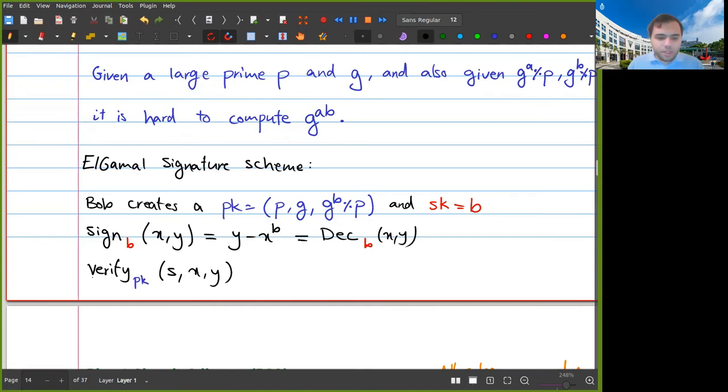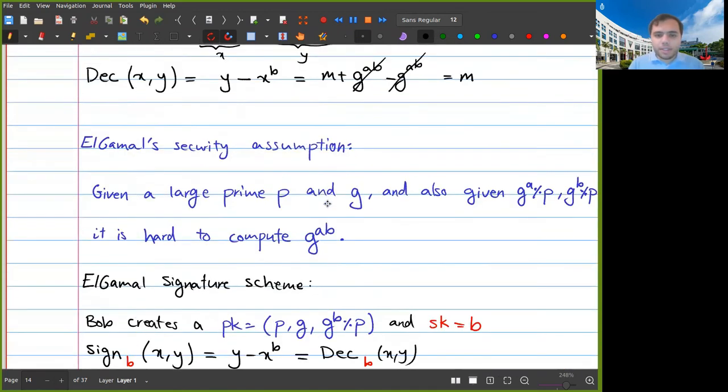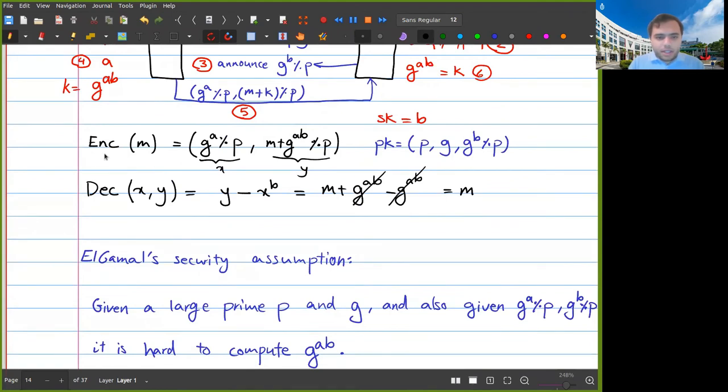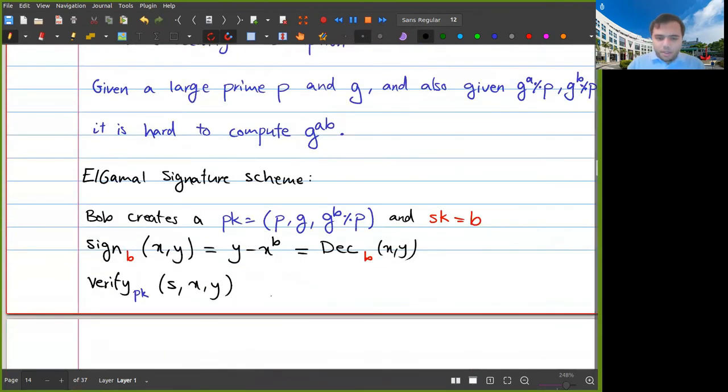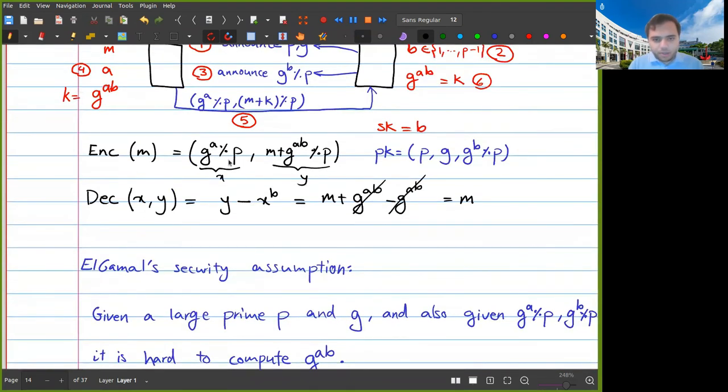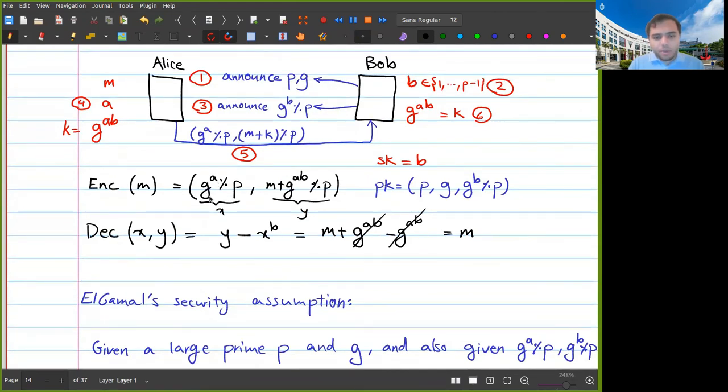And in order to do this verification, I can use my public key, right? And again, as we said before, this is just going to be the same as encryption, right? So what does this mean? This means that if I want to do this encryption, I have to now be able to give S and get back X and Y, right?